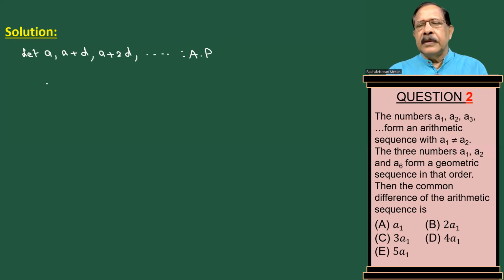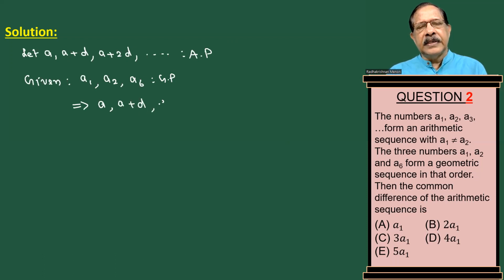Now, given A1, A2, A6 are in GP. A1, the first term, A2, second term, A6, the sixth term. They are in GP, which implies A1 is a, A2 is a plus d, A6 is a plus 5d.